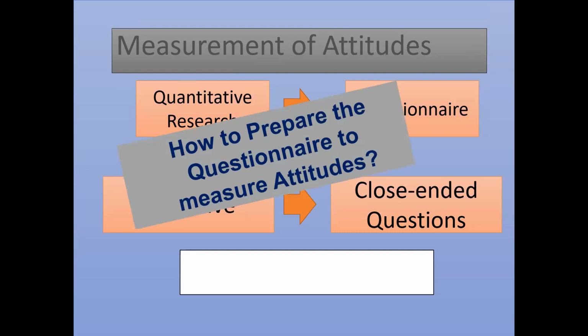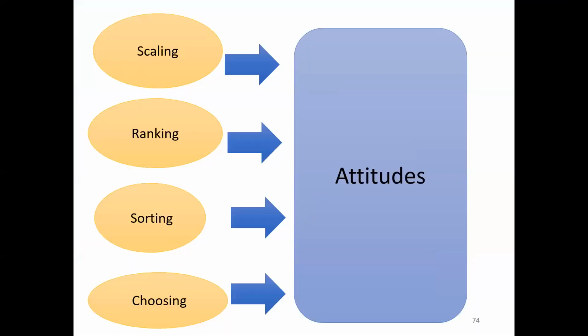So how to prepare the questionnaire to measure the attitudes, to evaluate the attitudes scientifically? We use 4 types of techniques or 4 types of questions to measure attitudes in a questionnaire.